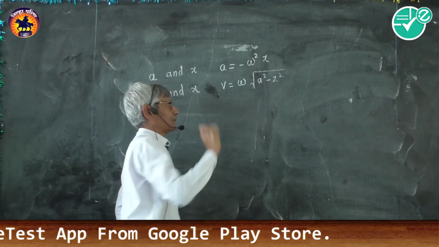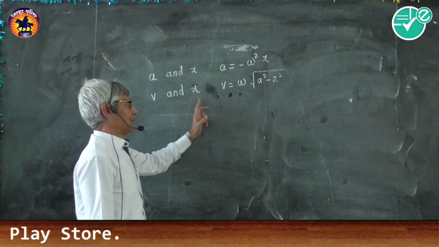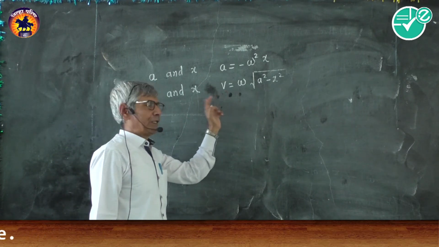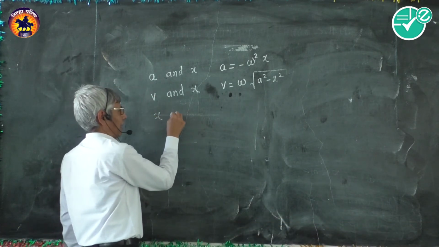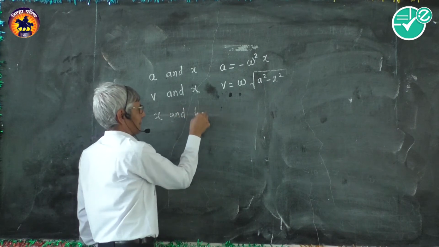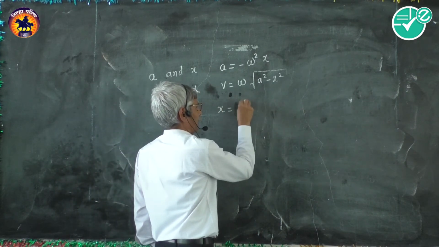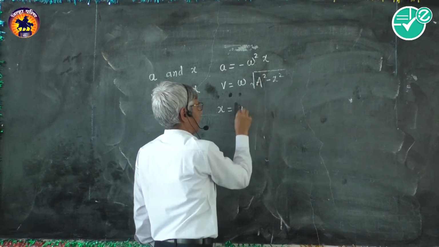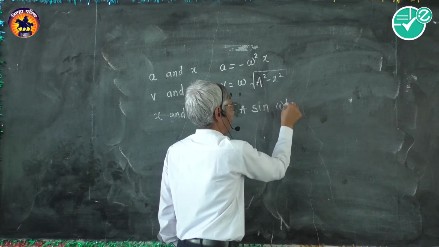This is invariant. The velocity can be positive or negative depending upon the motion of the object during the motion. And the third equation, x and t, which is x equal to A sin(omega t plus alpha).